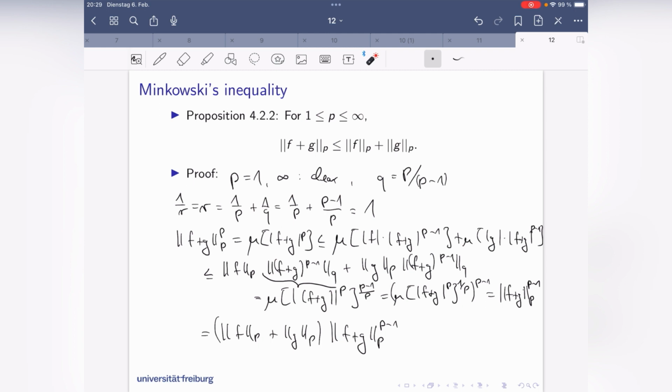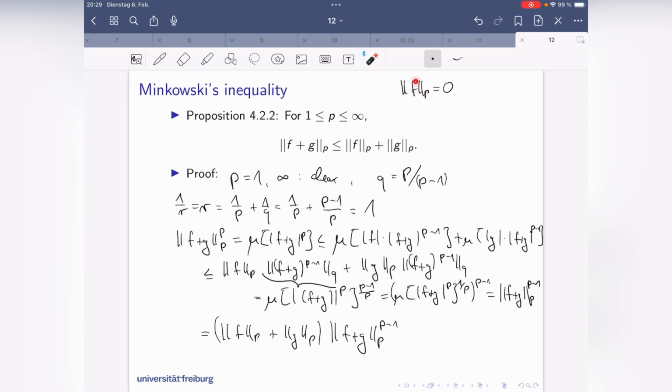Okay. Some more things on these L^p spaces. So now we have basically proved that these L^p spaces are normed spaces. Just one remark, which I also write in the manuscript. That's not completely true because, well, what does the p norm of f equals 0 mean?